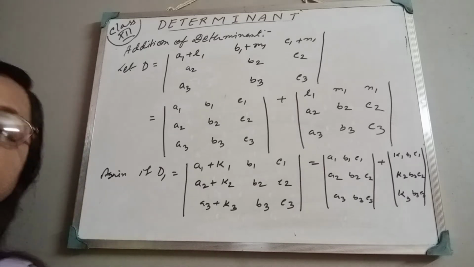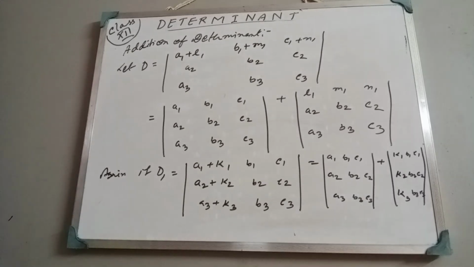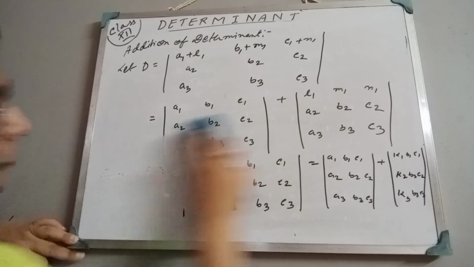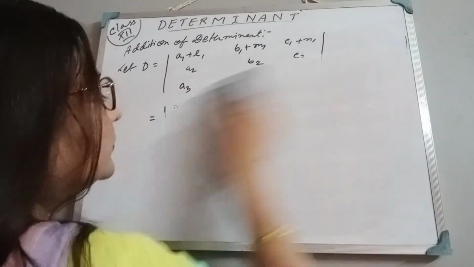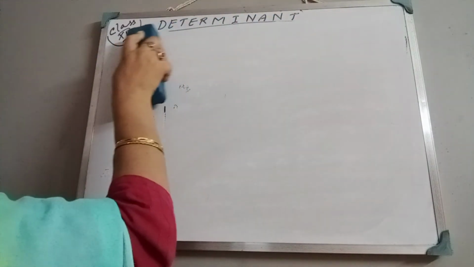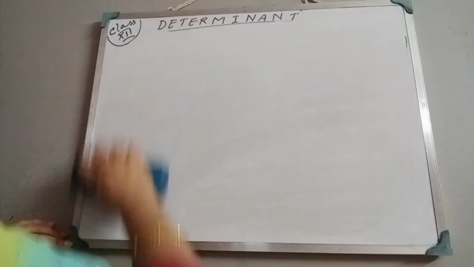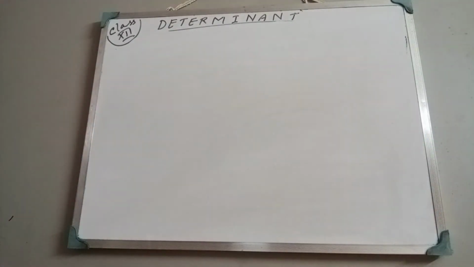Next is the multiplication rule. Matrix multiplication you know. Now the multiplication rule of determinant.